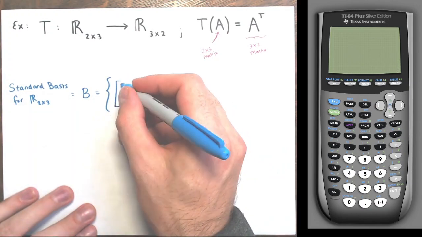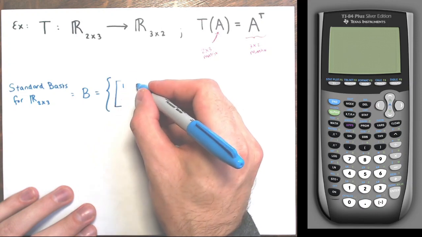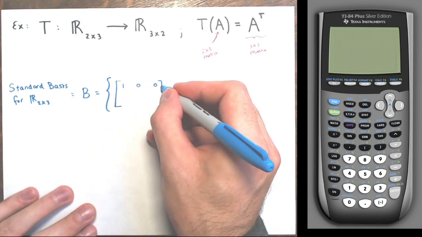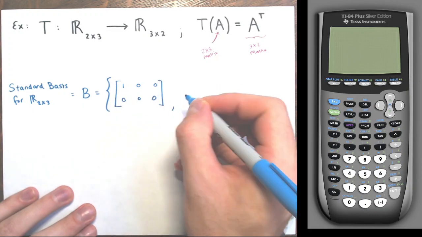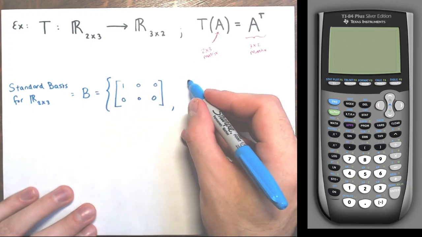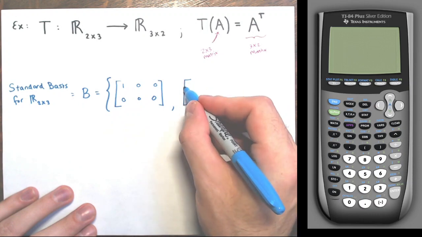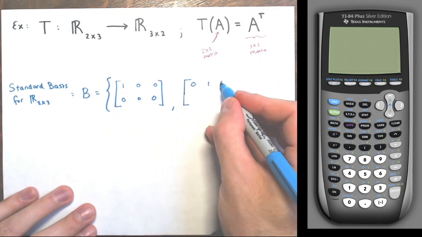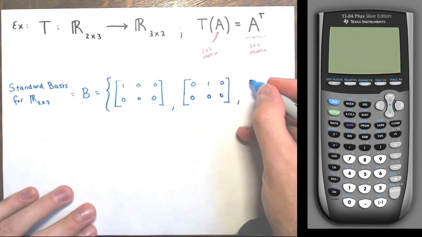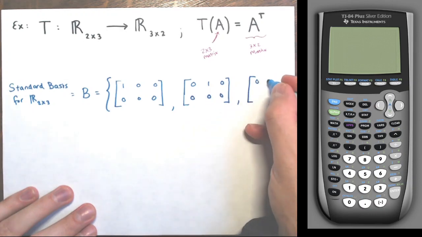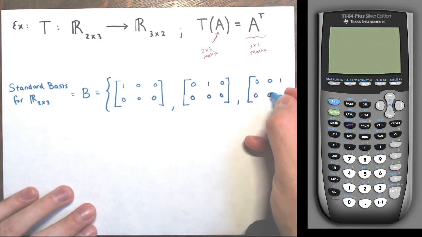So I'm going to start in the upper left hand corner entry. That's 1, and it's a 2 by 3, so there's a 2 by 3 where one entry is 1 and the others are 0. And then we move to the next one over, so that matrix is 0, 1, 0, 0, 0, 0. This matrix 0, 0, 1, 0, 0, 0.